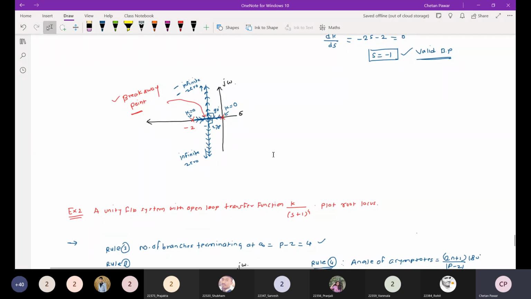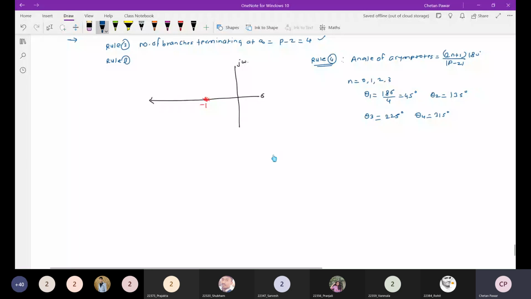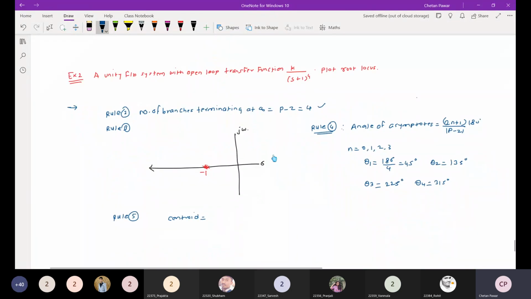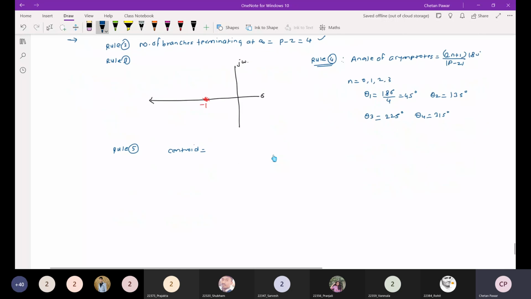Similarly, we need to find out the centroid for these asymptotes. So centroid will be sum of real parts of poles minus sum of real parts of zeros divided by number of poles minus number of zeros. So that will be minus 4 divided by 4. So that will be minus 1.